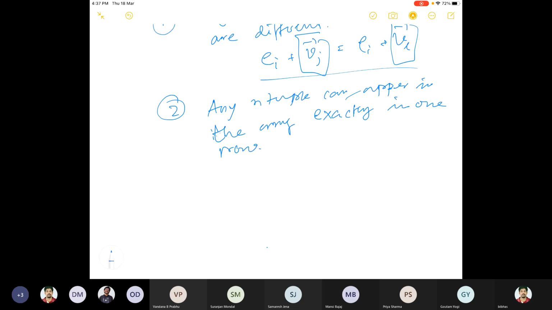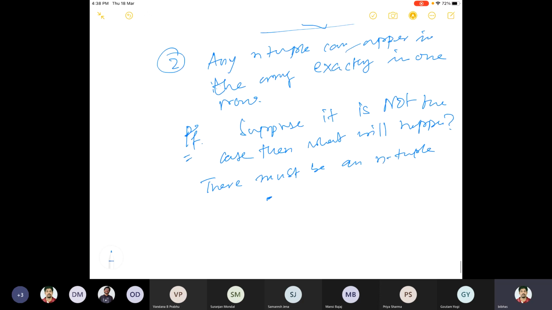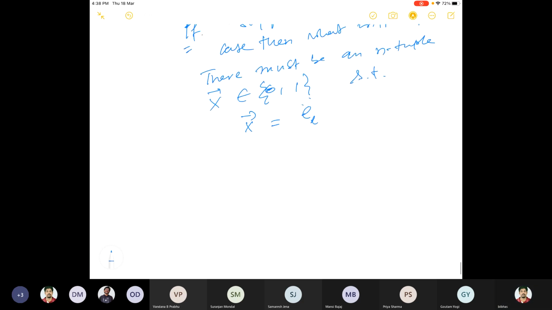So, proof. Suppose it is not the case. Then there must be an n tuple, or you can say there must be some x which belongs to {0,1}^n, such that x is equal to some EL plus some VI, and x is also equal to some EM plus some VJ.